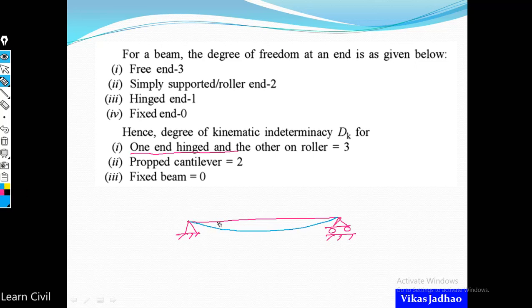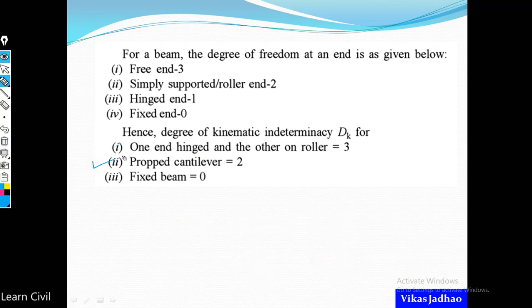There will be rotation at A, this is end A, this is end B, rotation at B, and at the roller support a translation in the x direction is possible. Therefore the total unknowns are 3, that is theta A, theta B and ux. So the degree of kinematic indeterminacy for this case is 3.